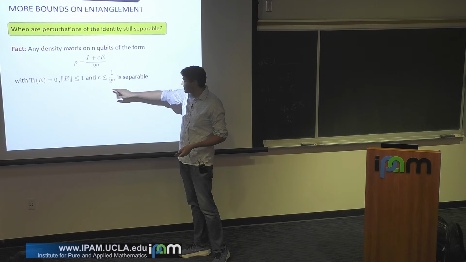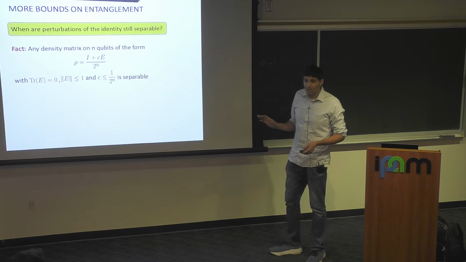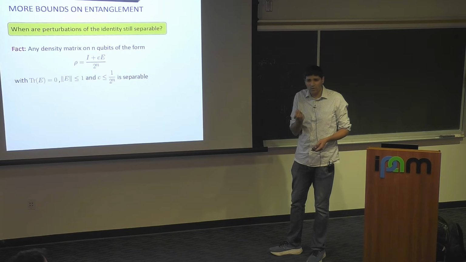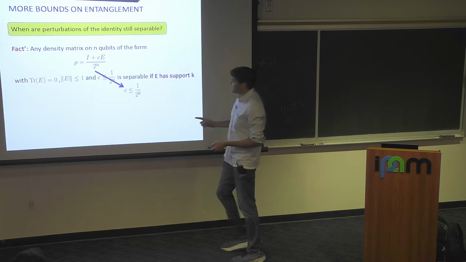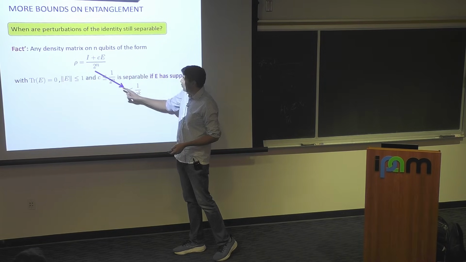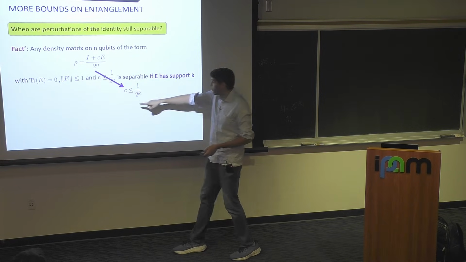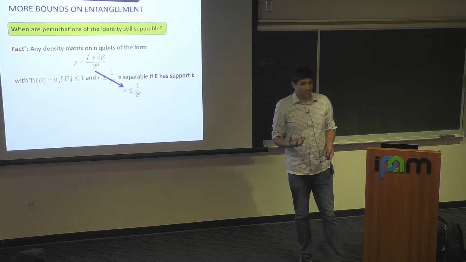And this is not what we wanted, because we don't want n's in here. Now, it might look completely useless, but there's a slight twist on this fact that puts us in business. It's actually just a trivial corollary of this fact. What if it's not just a traceless perturbation of the identity, but moreover I tell you that E has support at most k?